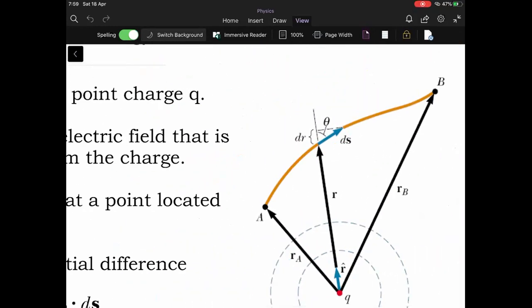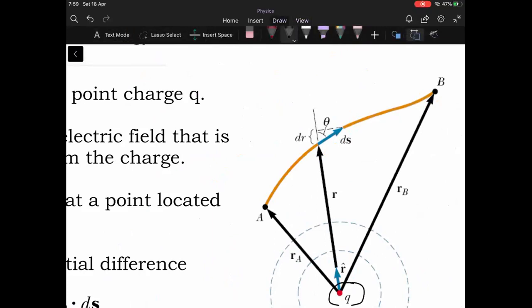there is a point charge here. Now in the vicinity of this point charge, there are two points A and B, and you wish to find out the potential difference across these two points.